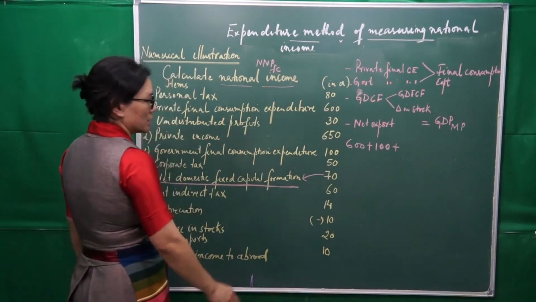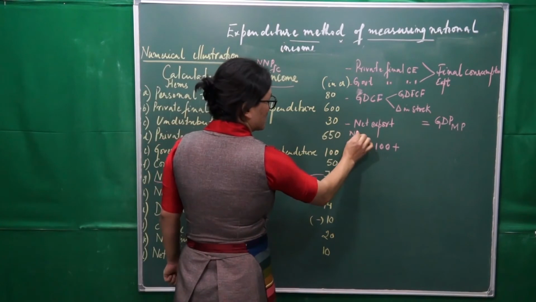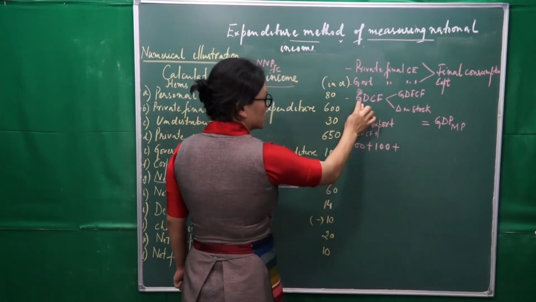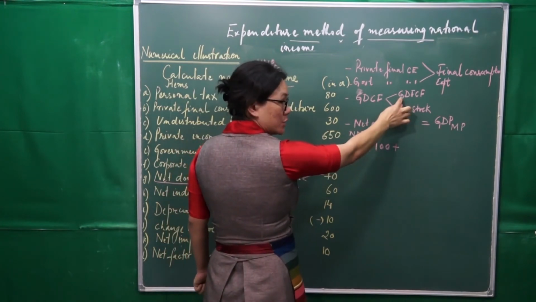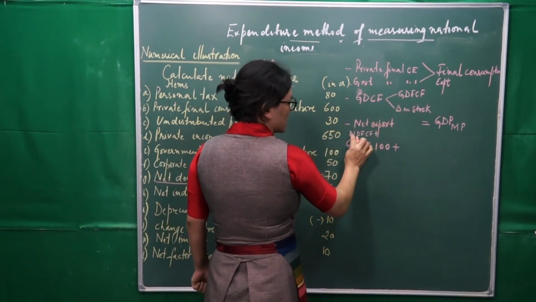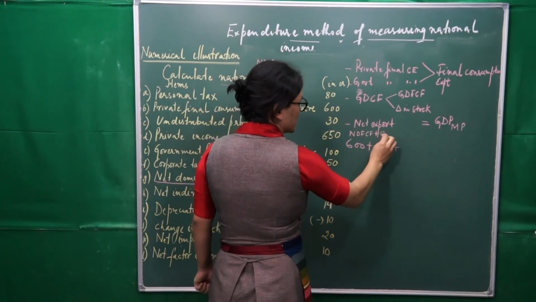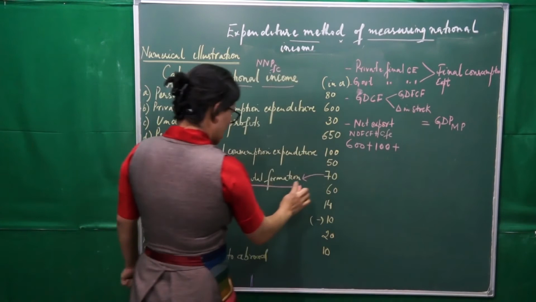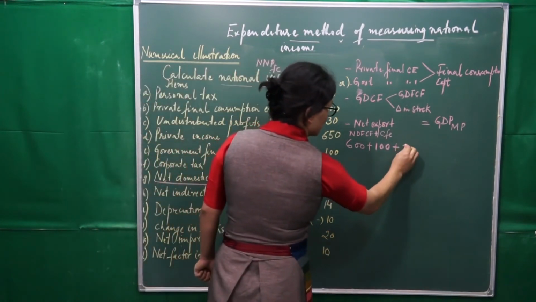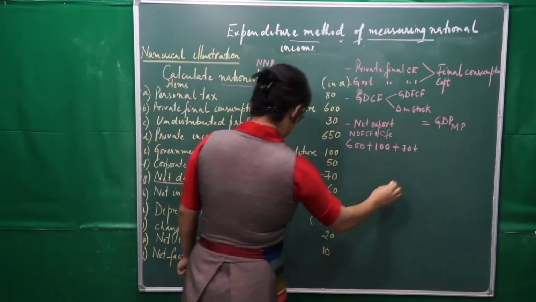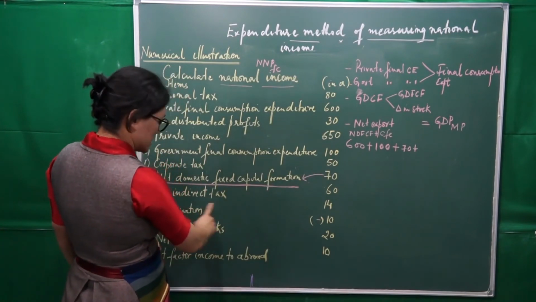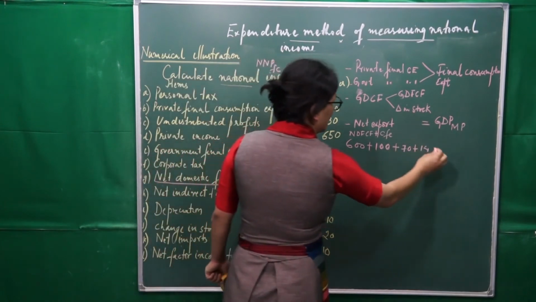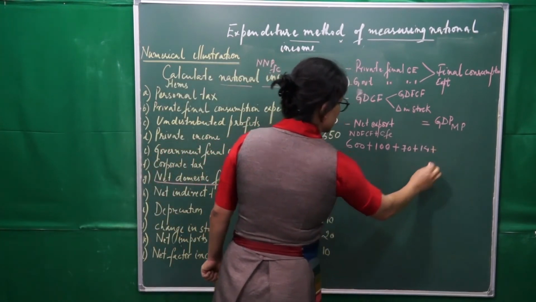So what you have to do here, net has to be changed into gross, right? So net domestic fixed capital formation plus CFC will make you gross domestic fixed capital formation. So net domestic capital formation is given here 70 plus CFC is given how much here? Depreciation. Depreciation is given here 14. Then we have plus change in stock.